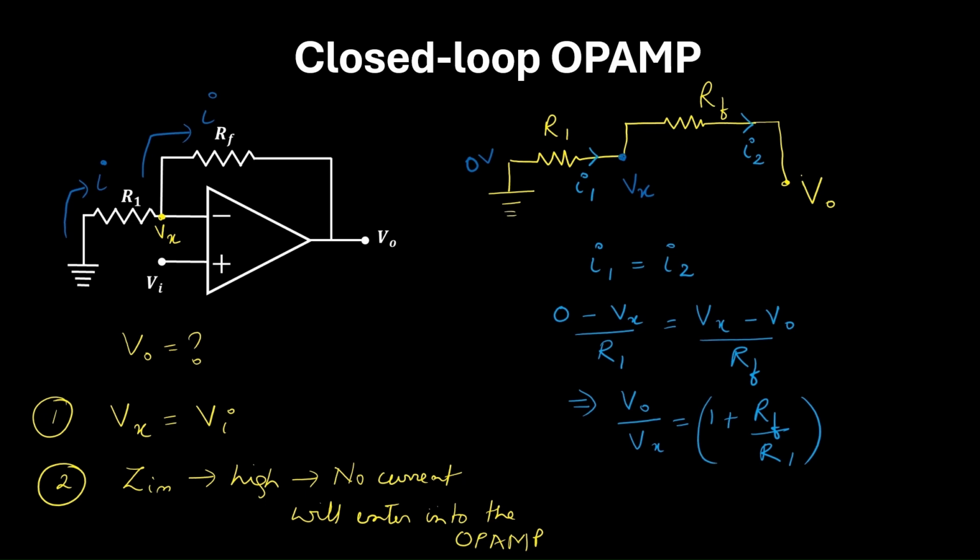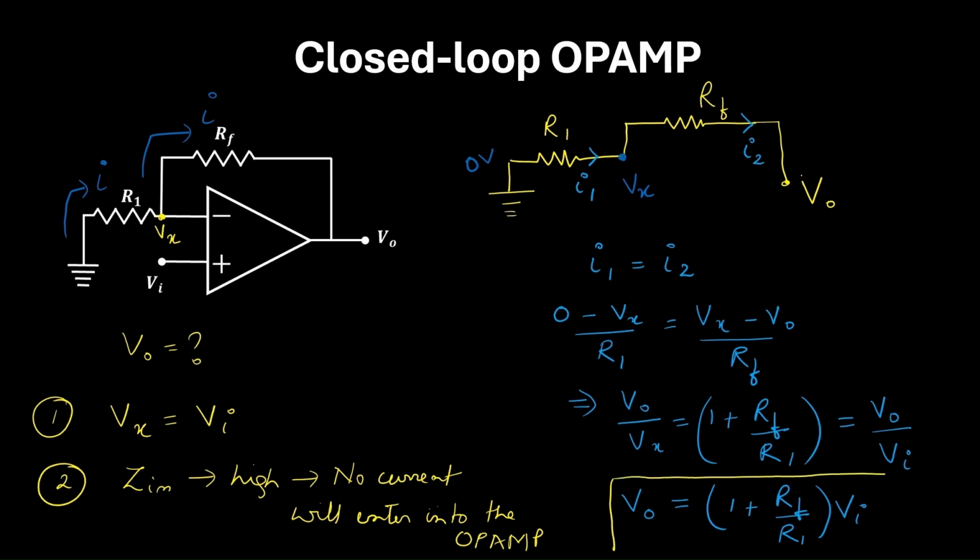Now, from the golden rule, we already know that Vx is equal to V in. So we can write this as V naught by V input. So V naught is equal to (1 plus RF by R1) into V input.